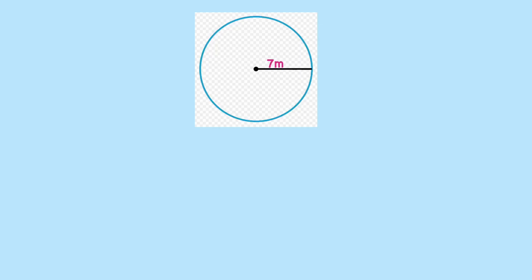In this next example, we're going to use the pi button on the calculator. So we need to find the area of this shape to 1 decimal place. So let's write down the formula. So we have area equals pi times by r squared. And remember, we're using the pi button on the calculator.